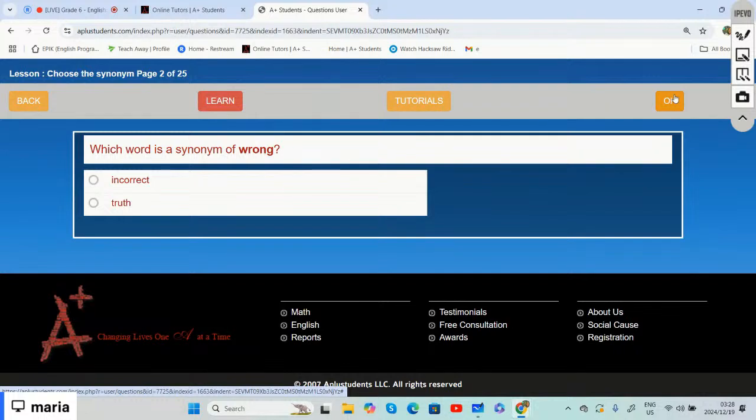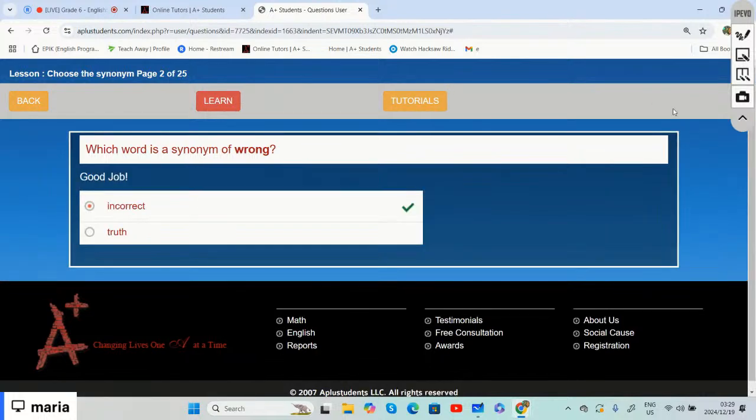And if we were to choose the correct option, then the word that's the same as or almost the same as wrong is incorrect. Yes, well done. Option one, incorrect, is correct.